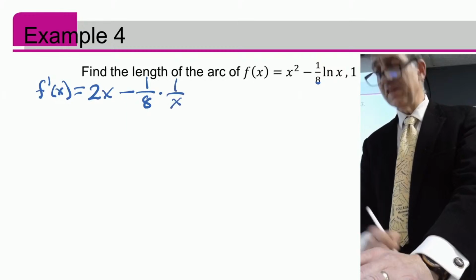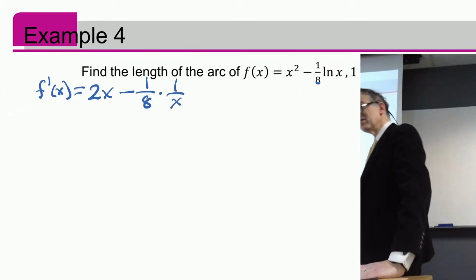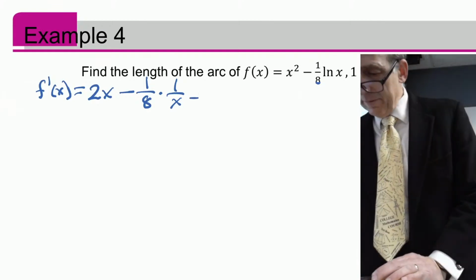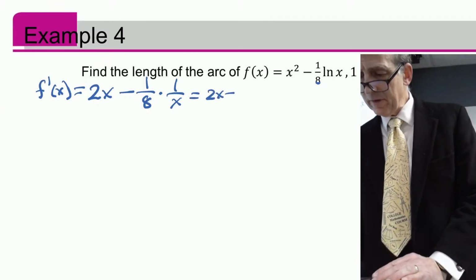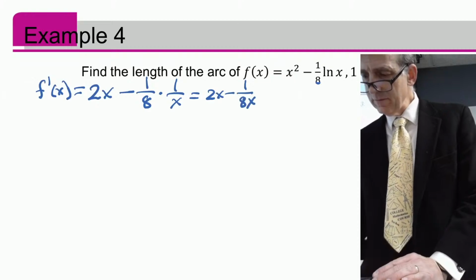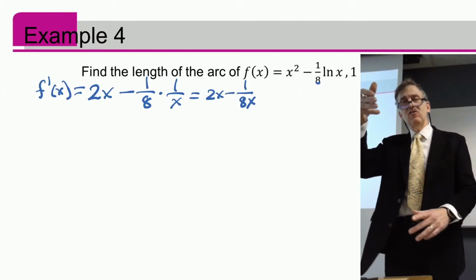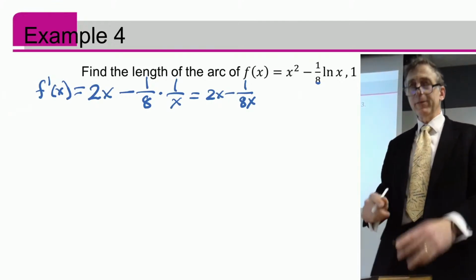I'll just write it like this if that's okay. Same thing. Very nice. Okay, so let's clean this up just a bit. So there's the derivative, and that's what we're going to stick into the arc length formula.